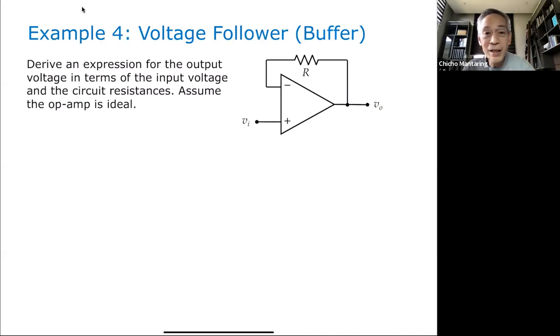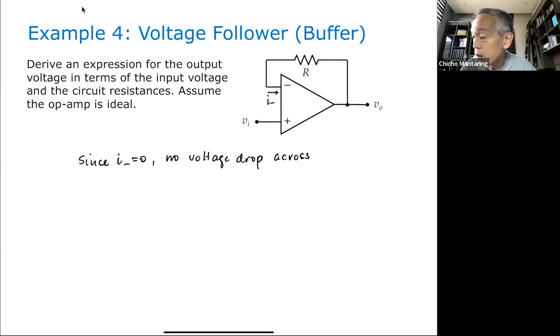Okay. Another way of looking at this, okay, since I minus is equal to 0, no? Ito yung I minus. There is no voltage drop across R. Okay.